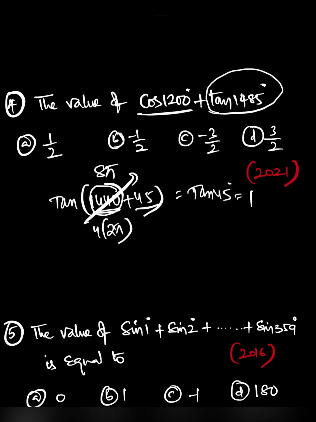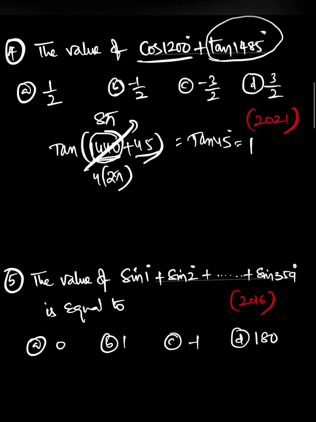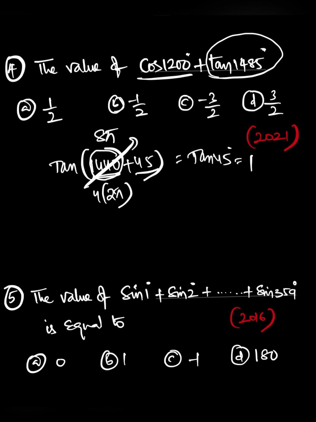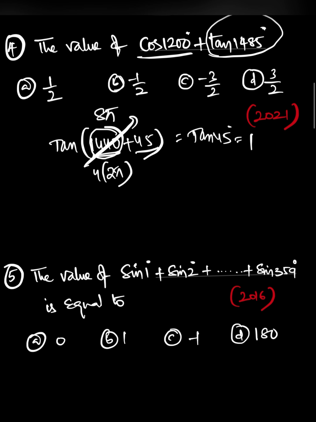Now cos 1200. In case of this cos 1200, we can easily understand the answer. 1200 is 1440 minus 240, so it is cos 240.